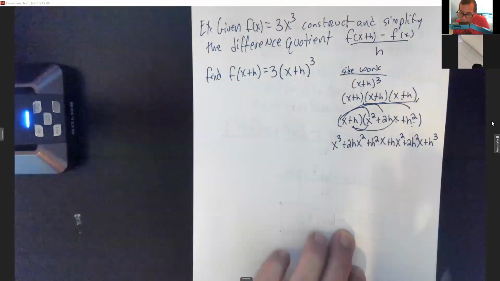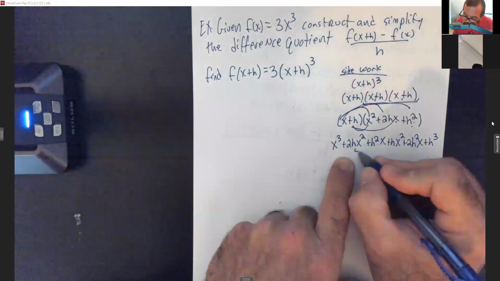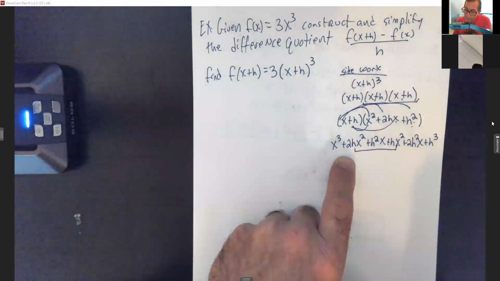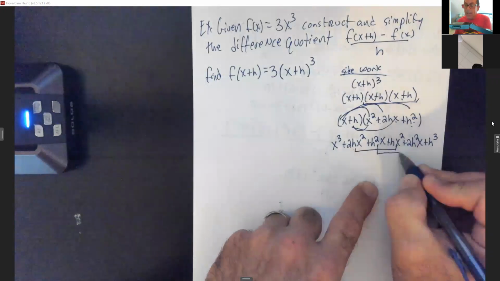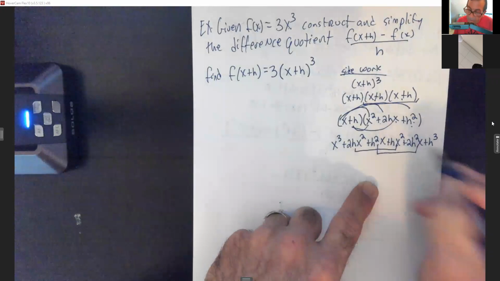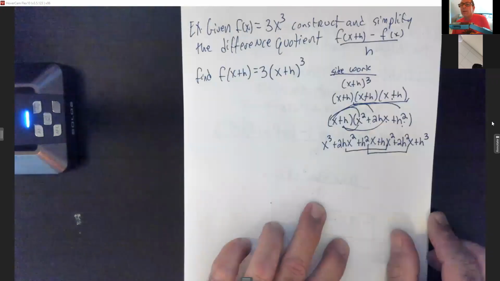So y'all watch in here. Hx squared will add to that hx squared, and then this h squared x will add to that h squared x. So let me pull this over. Y'all aren't seeing that exponent of 3, so I'll put that 3 there.